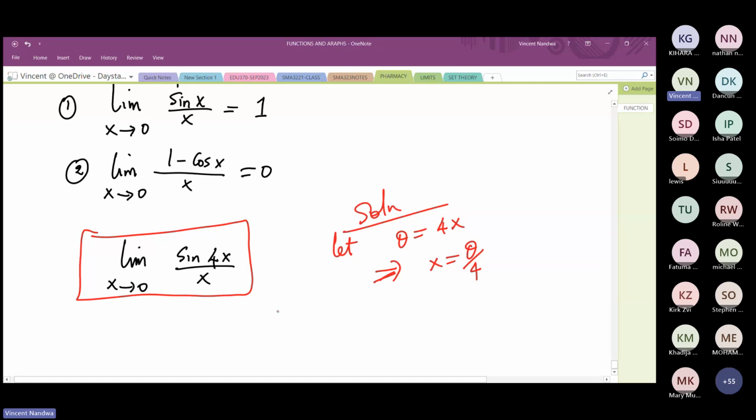So then now, when x approaches 0, then theta approaches which value? Remember approaching 0 is as good as being at 0 for you to get the interpretation. If you are at 0 itself, what would be the value of theta, if theta is 4x?